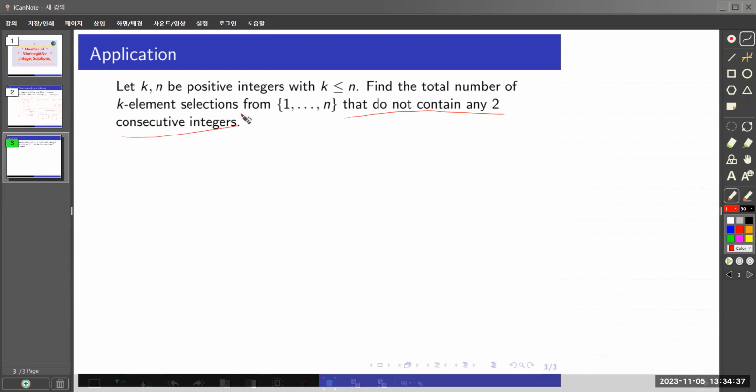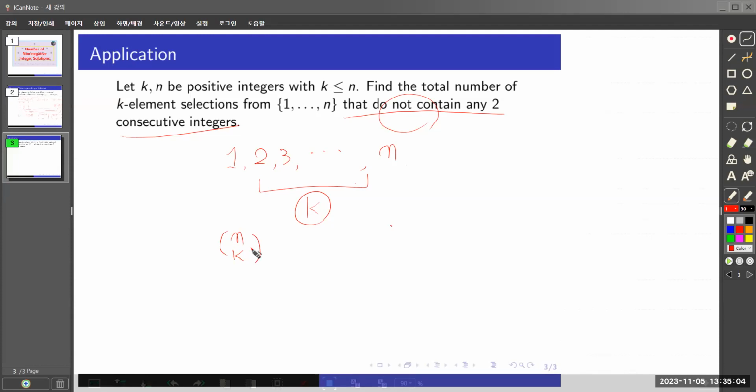So think about such a selection. Maybe you can list all the integers 1, 2, 3, up to n in here, and then you want to choose k elements there. If there is no restriction like this, then that exactly matches n choose k.